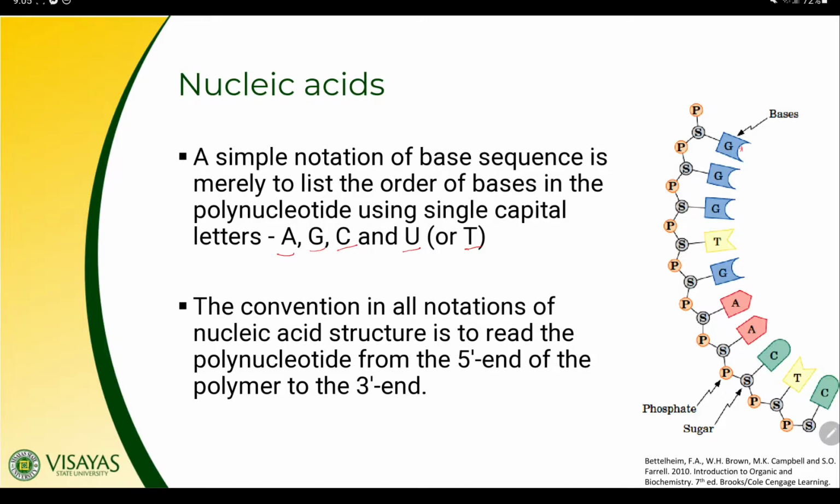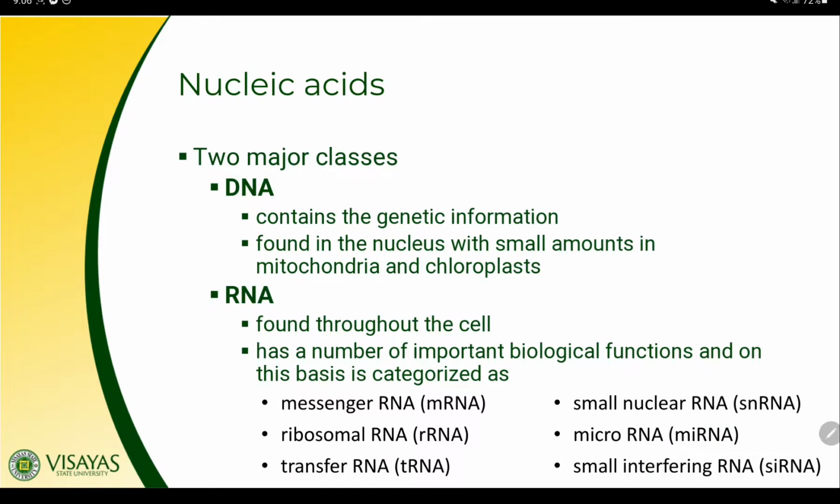The convention is to read the polynucleotide from the 5' end of the polymer to the 3' end. So if this is, for example, the 5' end, and this one is our 3' end, when we write the sequence, we just write G, G, G, and we have T, G, A, and so on and so forth.